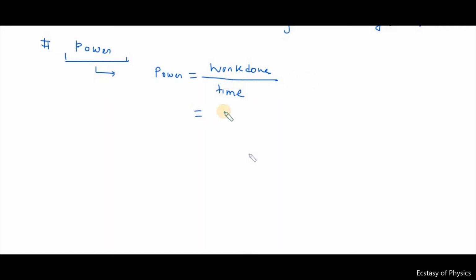Earlier we defined work done as force times displacement, so it's F dot S. This is the vectorial form, and dividing by time t represents the power. So it's F dot S upon t.